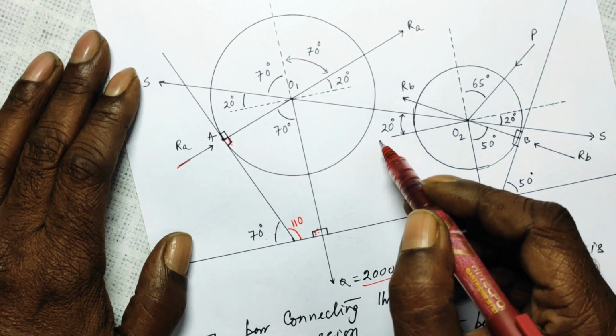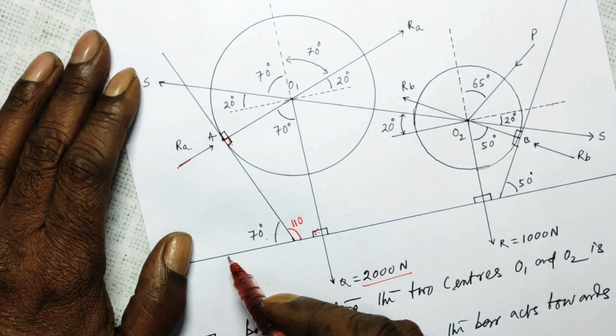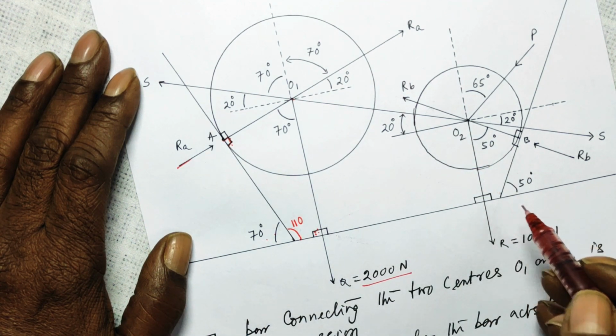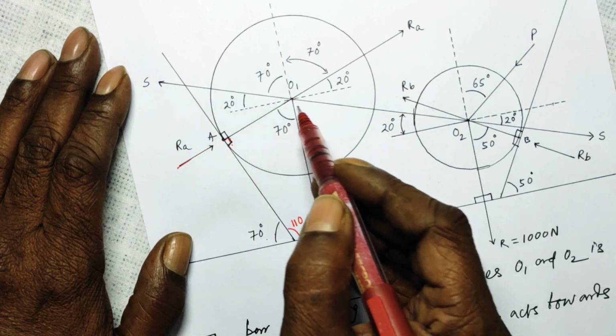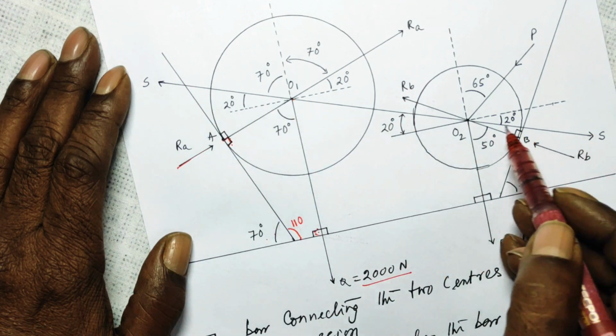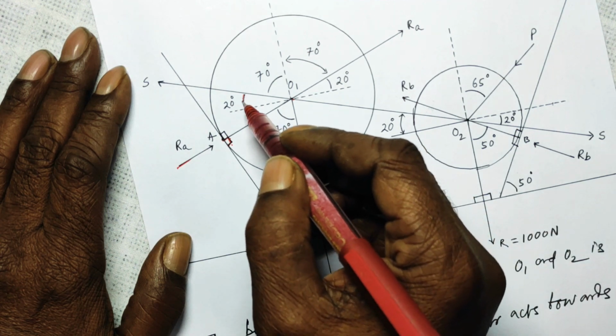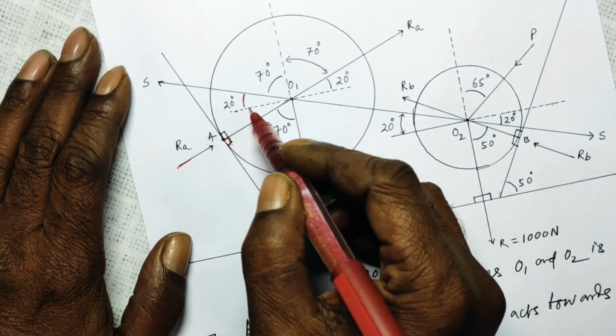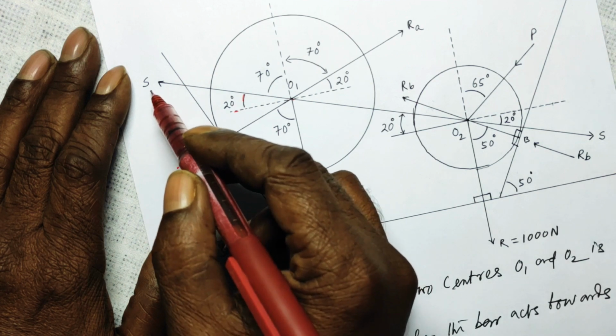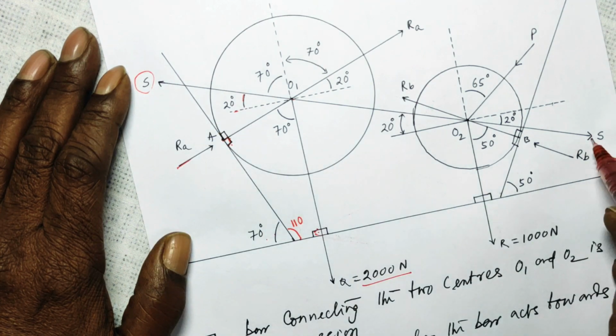So this line is parallel to this line, and this transversal will make 20 degree here if you draw a horizontal dotted line here. Now what is this transversal S representing?